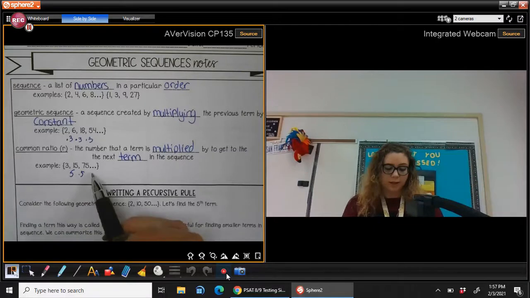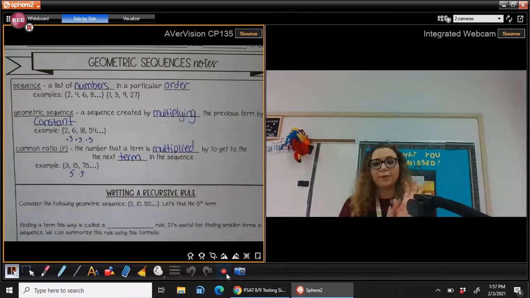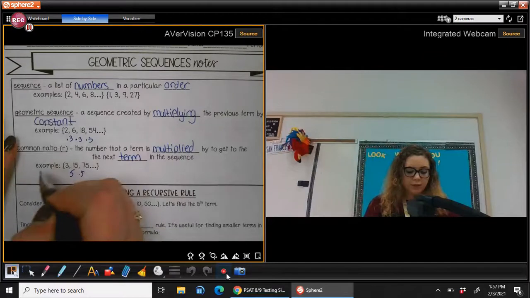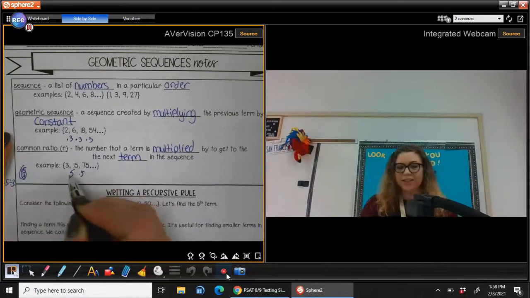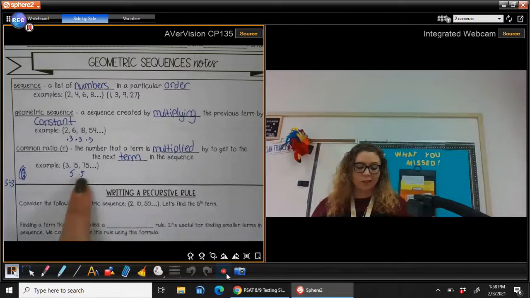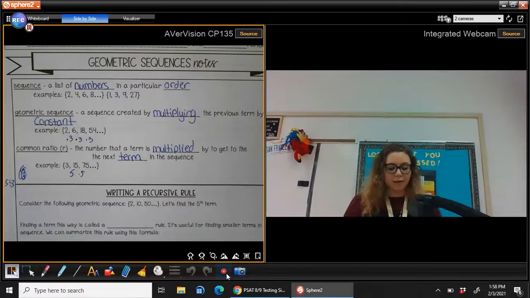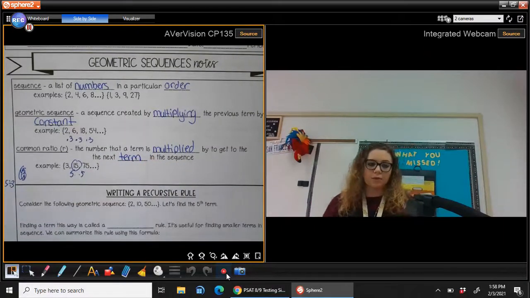This could be times 6 or plus 6, it has to flow. You have to have a common ratio all the way through, but that's how you would find it. You would take one term and divide it by the other, and then you can see where it's multiplied. But if you have big numbers, that's how you would do it. You're taking your second term divided by the first one, and then see if it's true.